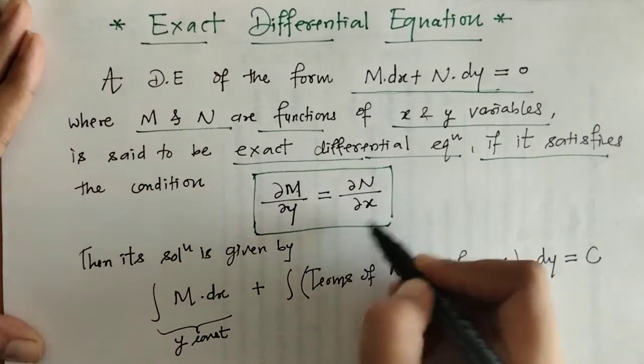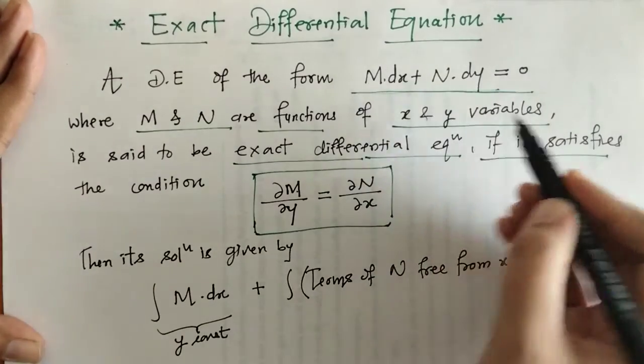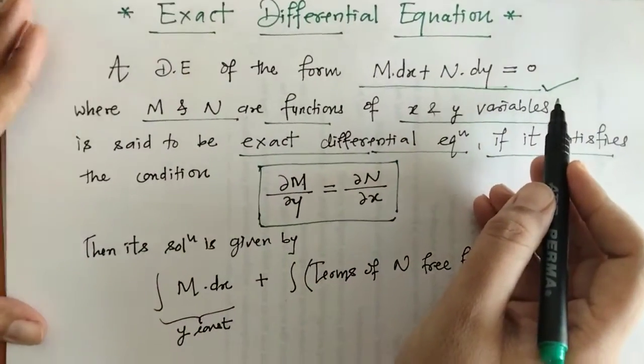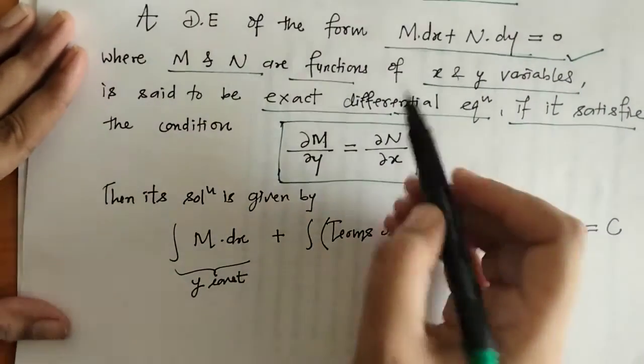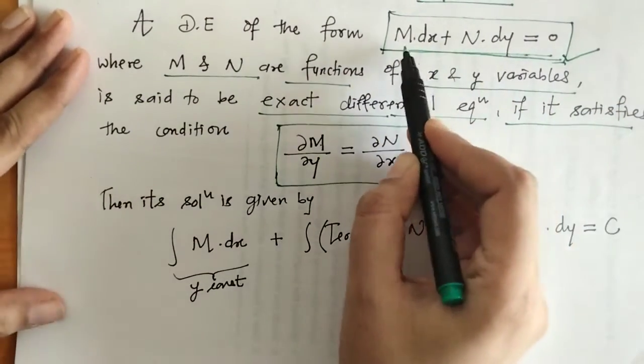Yes, if this condition is satisfied for this differential equation, then it is said to be exact, and its solution is given by the following. Here we have this form of differential equation, right? So what we have to take?